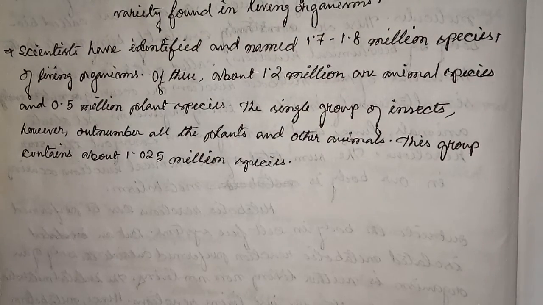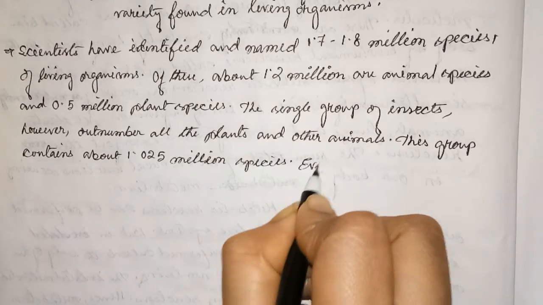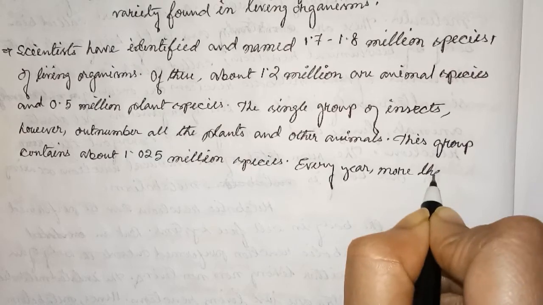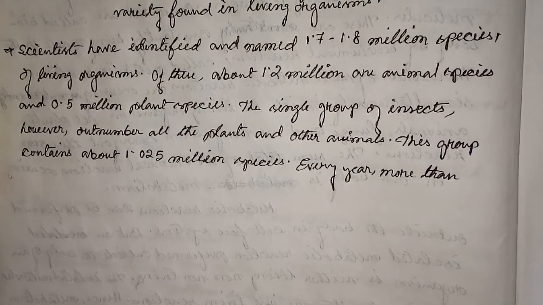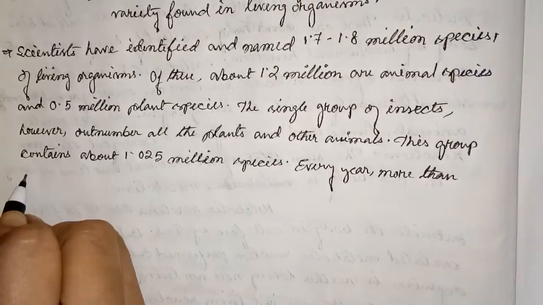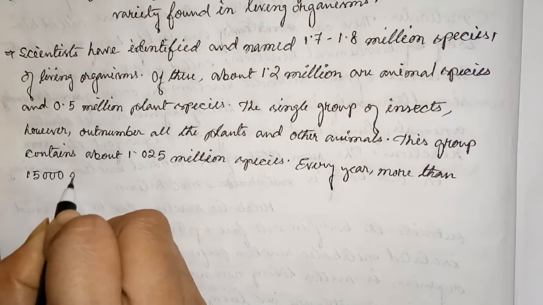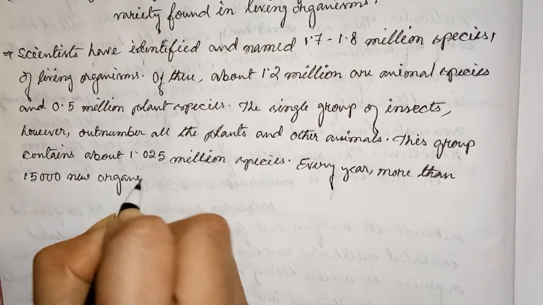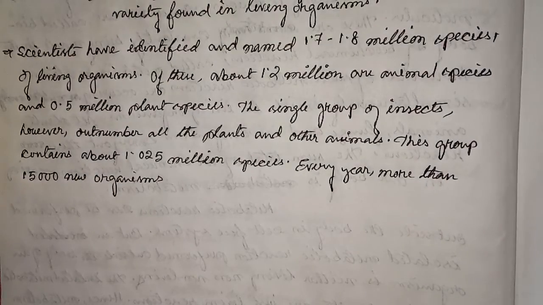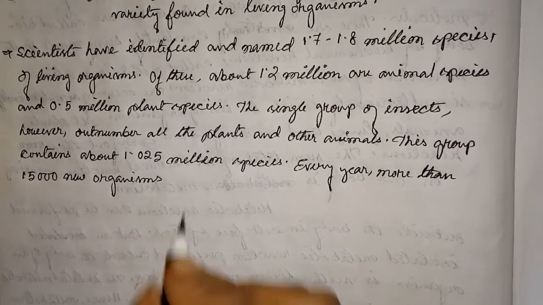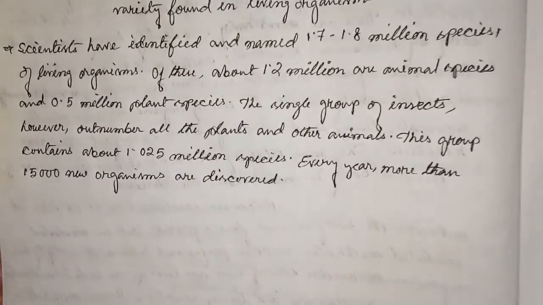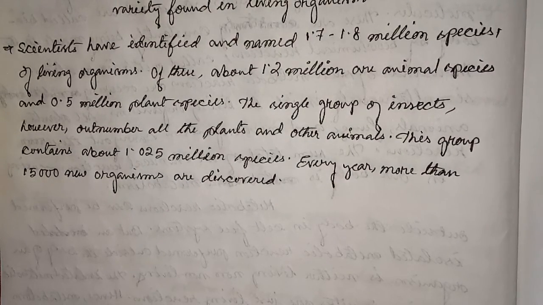Every year, more than 15,000 new organisms are discovered. So, this is biodiversity.